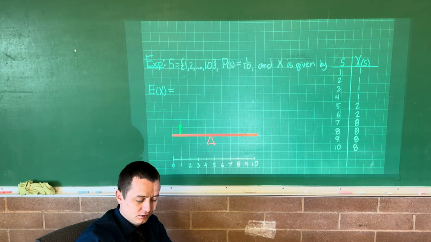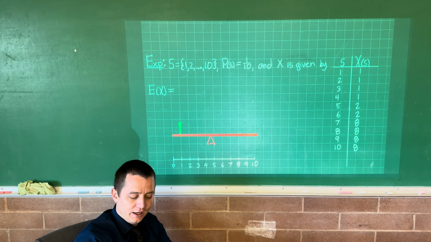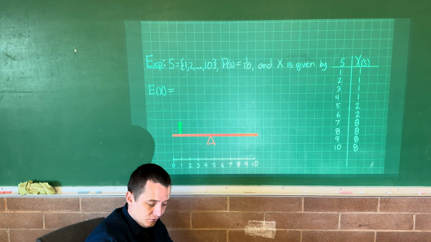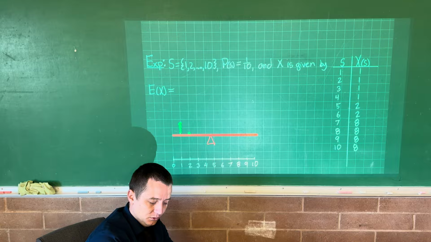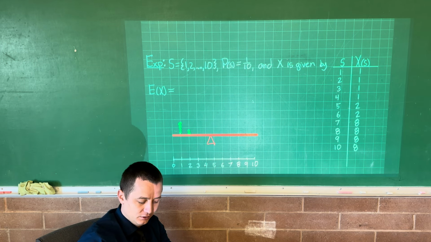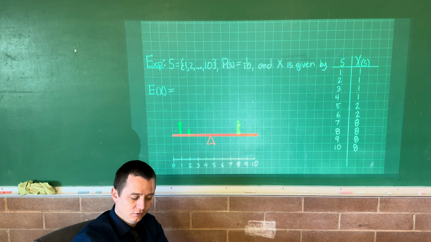Rock 4? Position 1. Rock 5? Position 2. Rock 6? Same, position 2. Rock 7? Position 8. And same with the next rocks, and there are 4 of them at 8. Sorry, bad drawing, but hopefully you can understand it.